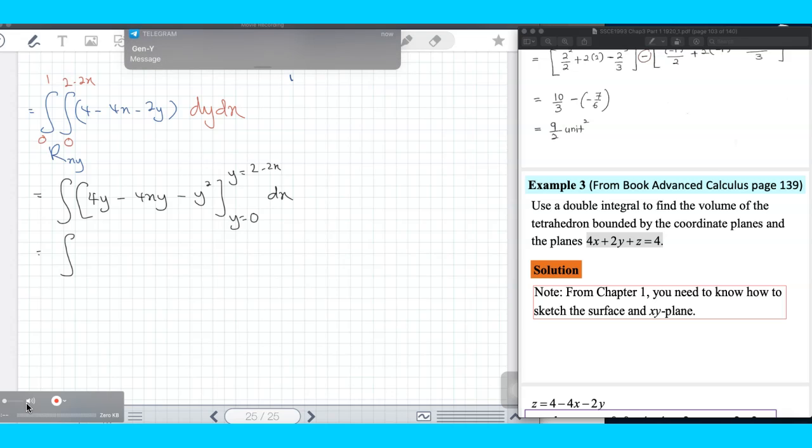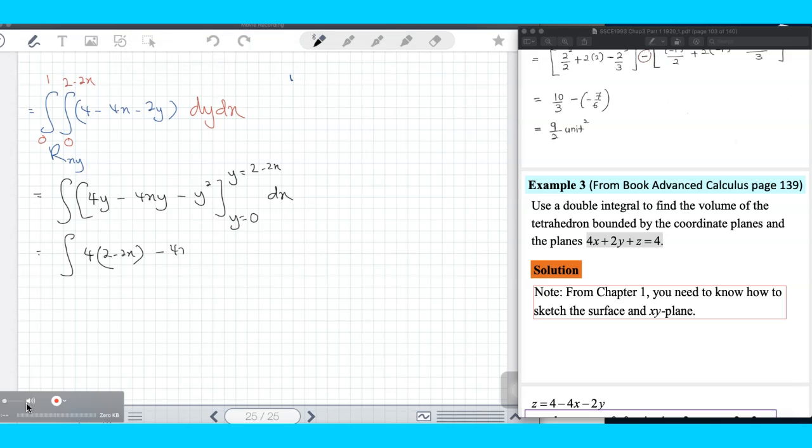This looks a bit messy. So for y, 2 minus 2x minus 4x, and then y, 2 minus 2x minus (2 minus 2x) squared, minus 0. So we have the terms in terms of x, and you have to expand and then simplify. So be careful, this is not so complicated, but tedious.